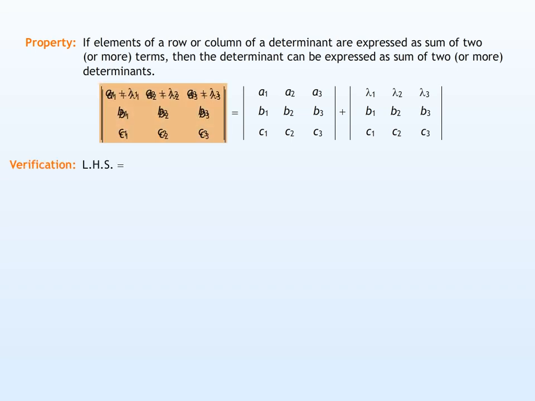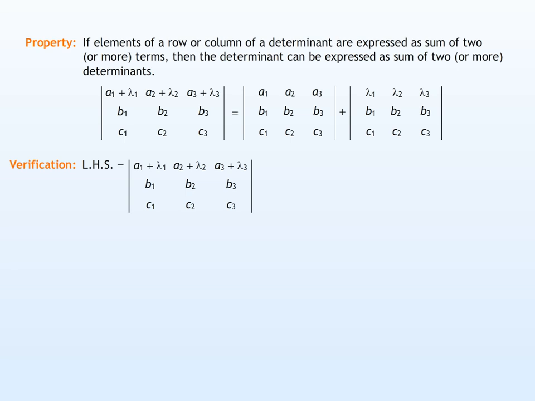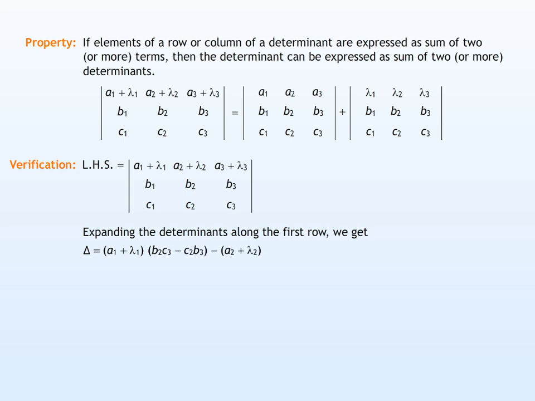Let's verify the property. Consider the left-hand side. Expanding the determinant along the first row, we get the value of the determinant as A1 plus lambda 1 whole multiplied by B2C3 minus C2B3, minus A2 plus lambda 2 whole multiplied by B1C3 minus B3C1, plus A3 plus lambda 3 whole multiplied by B1C2 minus B2C1.